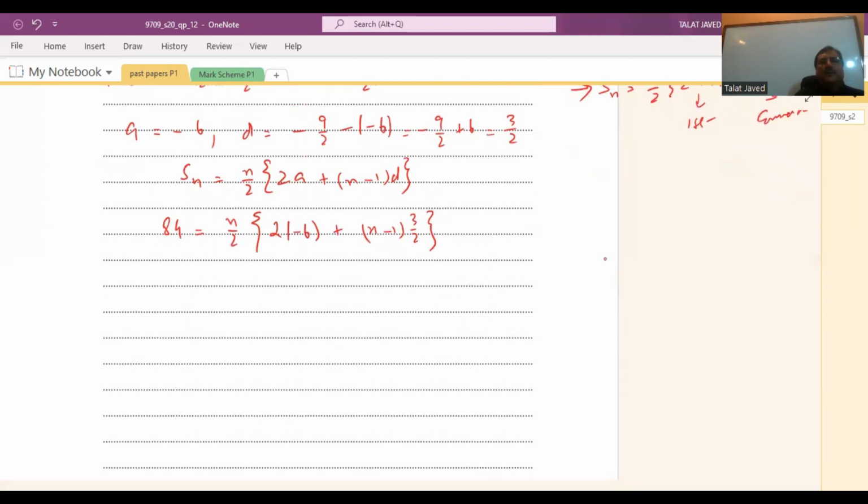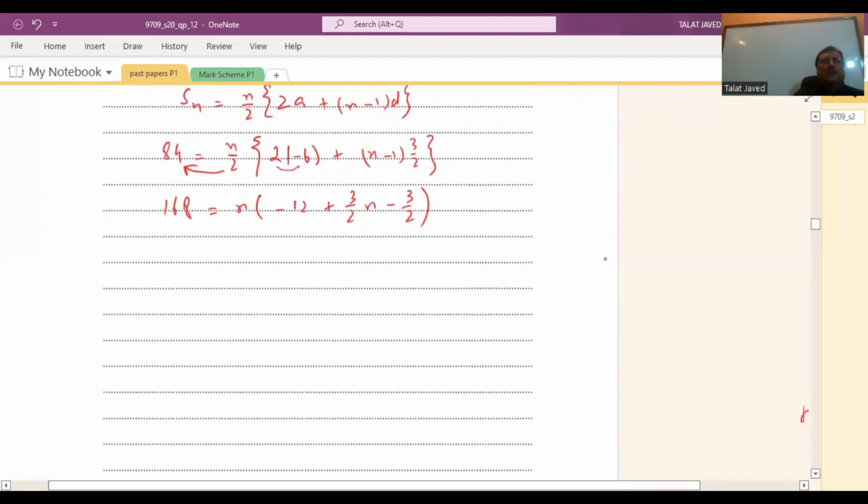Now we will simplify this. If we multiply this 84 by 2, we get 168 equal to n into 2 into minus 6 minus 12 plus 3 over 2 n minus 3 over 2, so 168 equals n into 3 over 2 n minus 27 over 2.